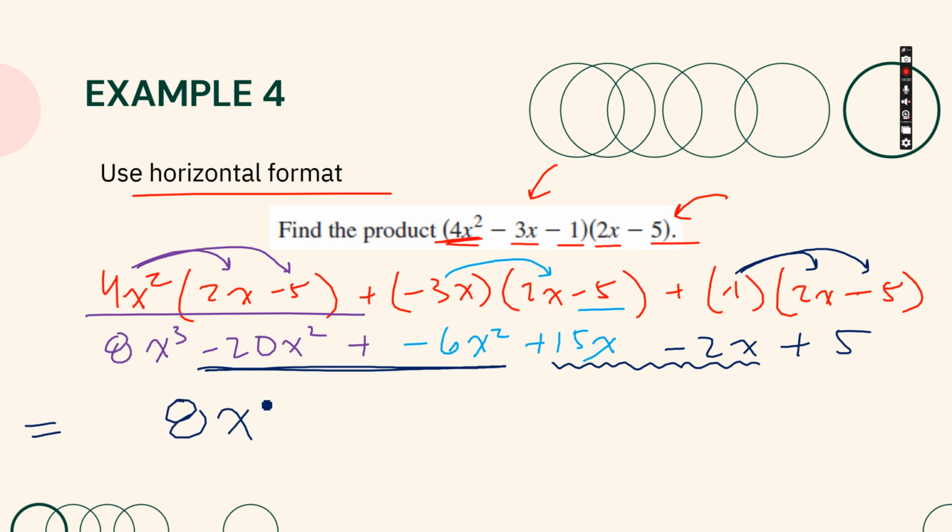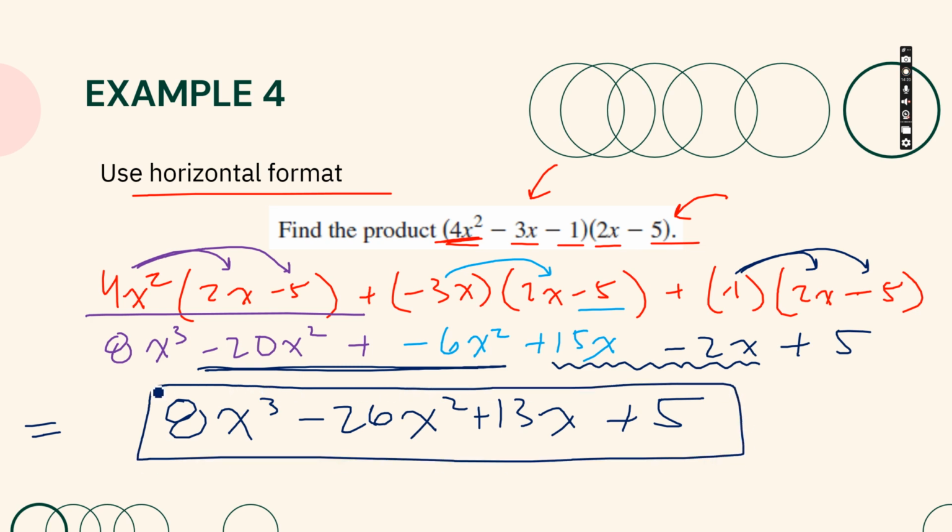We have our 8x to the third power, -20x squared plus -6x squared. We get something like -26x squared. 15x minus 2x gives us 13x. And finally, 5 can't be added with anything, so we just say plus 5 here at the very end, giving us our final answer here.